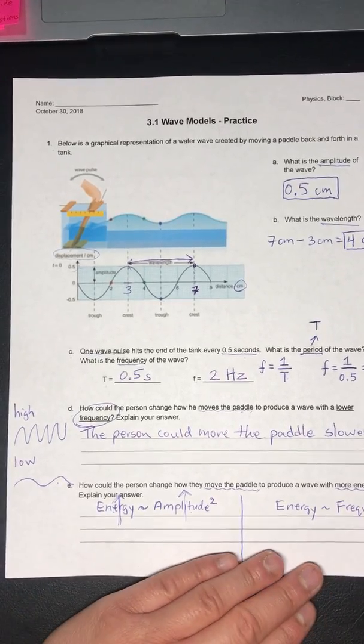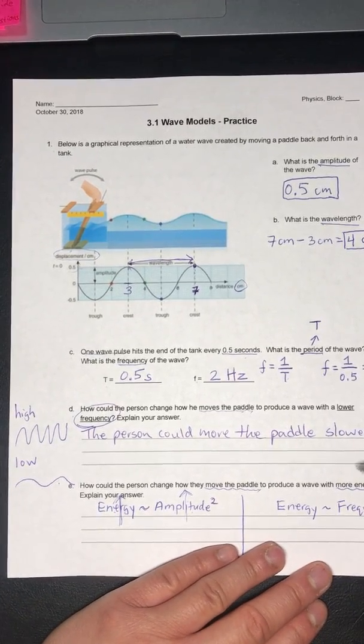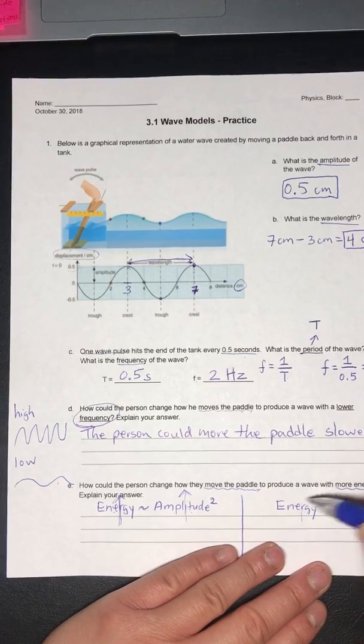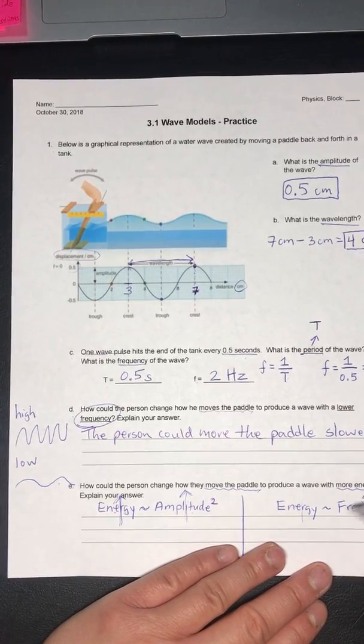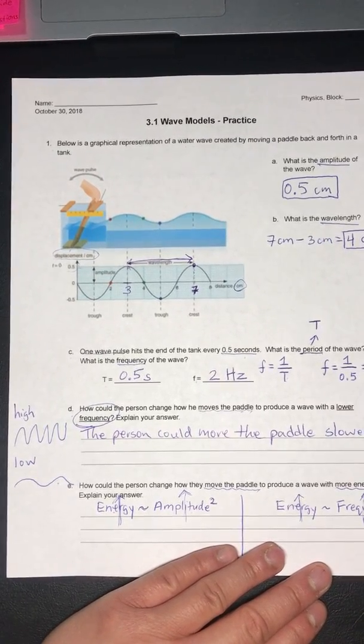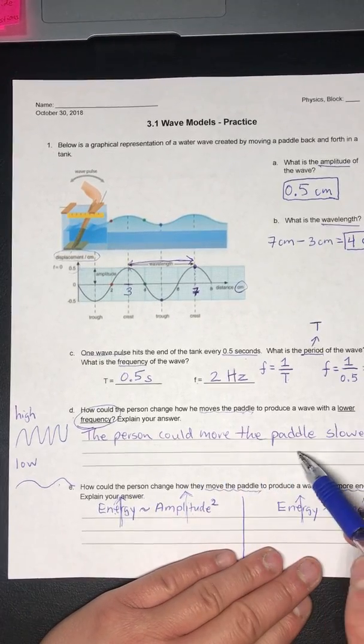You can also say that if the guy wants a wave with more energy, the frequency can also go up. So to increase the frequency, the person could move the paddle more quickly.